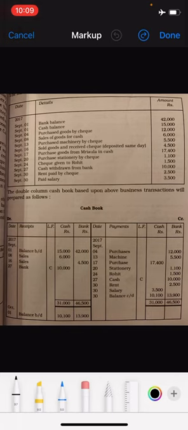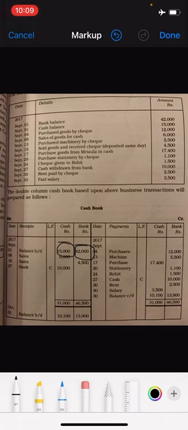See here, it is entered on the debit side. Next, see the question, September 1, cash balance 15,000. Same thing: any opening balance has to be entered on the debit side of your cash book as balance brought down, and this amount 15,000 has to be entered in the cash column.